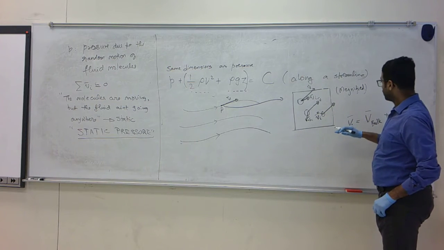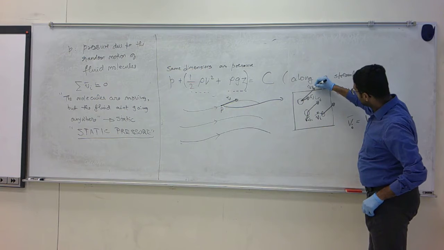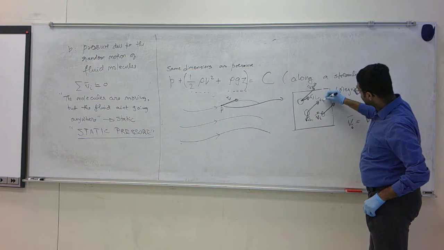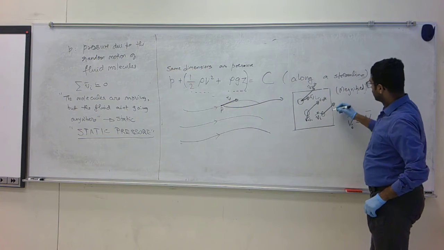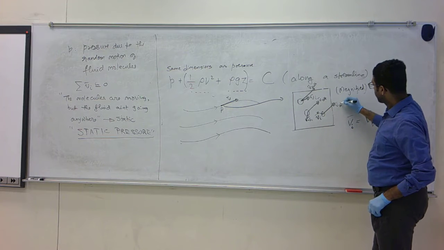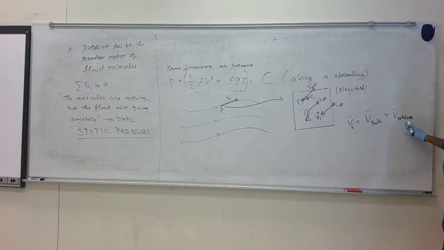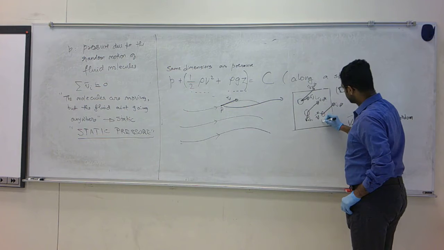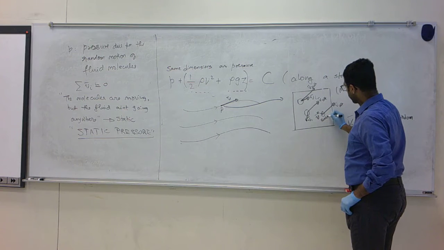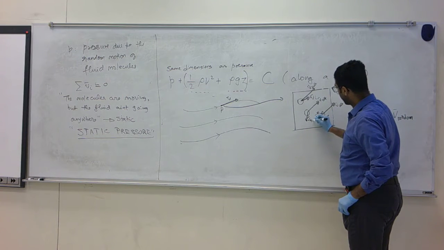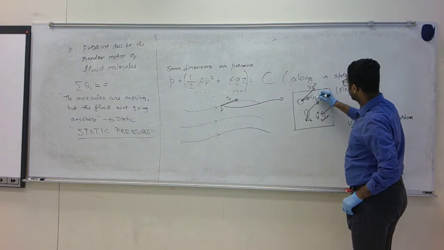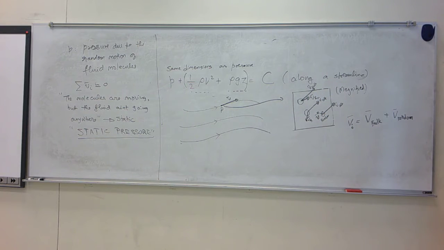So I'll relabel this and write it correctly. This should be bulk, this should be bulk, and this should be bulk, and this should be random, random, random. So there is a bulk component and a random component.